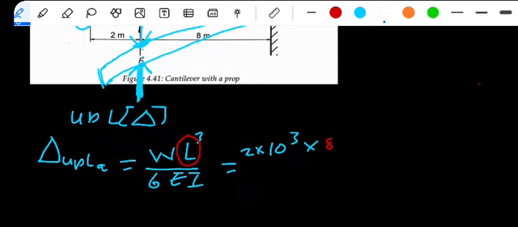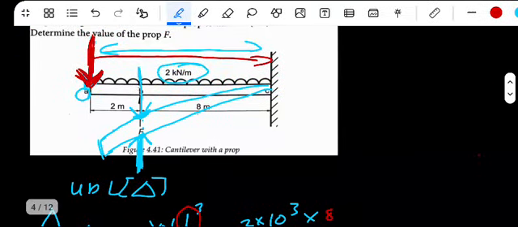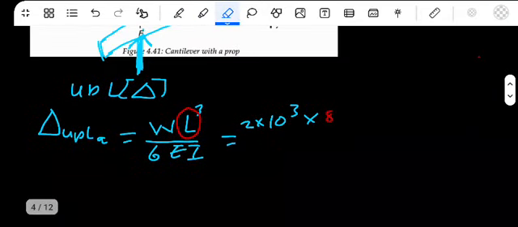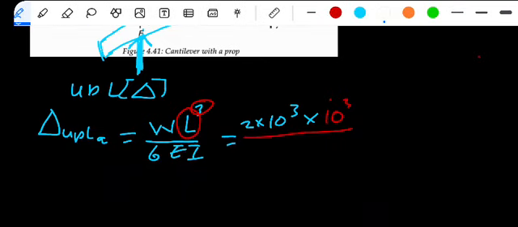Are we together? What is this? Oh sorry, this is 10, 2 plus 8, so it's 10. So 10 raised to the power of 3, divided by 6.